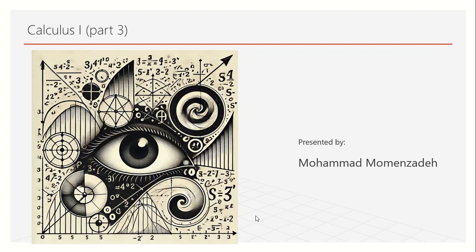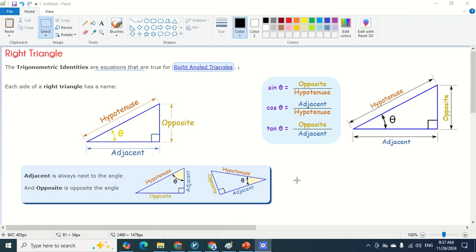So let us start our discussion by taking a look at the right triangle and introducing that type of relations. As you can see in this picture, each side of a right triangle has a name, and we name the sides of the right triangle here. The right triangle is a triangle that has one angle of 90 degrees.